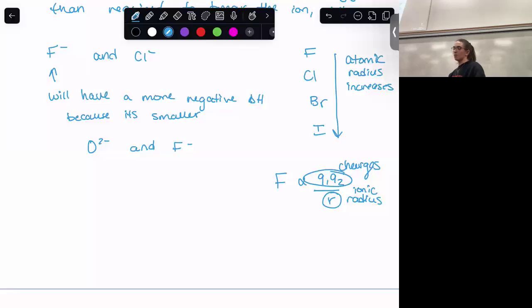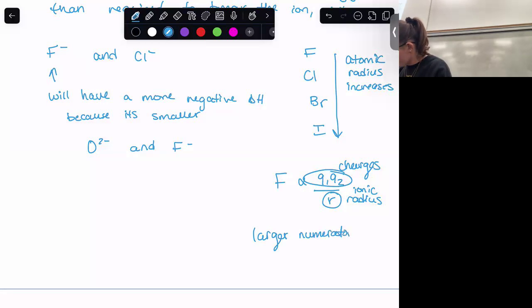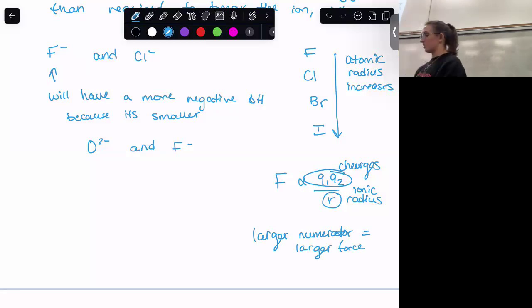So if we have a larger numerator, what happens to our force? Does that go up or go down? That goes up, right? So larger numerator equals larger force. So the more charge we have, the greater our force of attraction between them, right? Because the more charge that's going to be what's on top. And then what about r? Do we want a small r or a big r to make a big force?